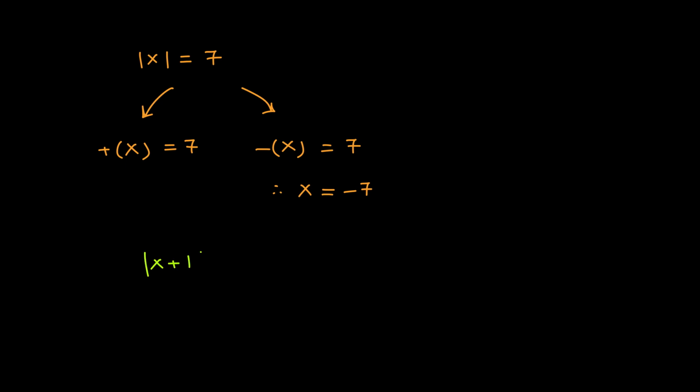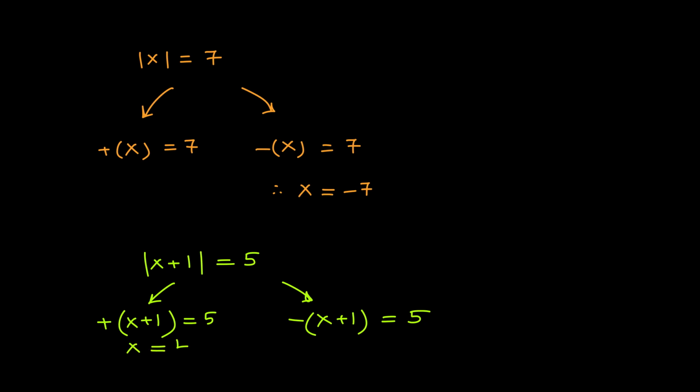Modulus of x plus 1 equals 5. That means x plus 1 with a positive sign equals 5, or x plus 1 with a negative sign equals 5. Therefore, from the first equation, x comes out to be 4. From the second equation, x plus 1 equals negative 5. Therefore, x is negative 6.